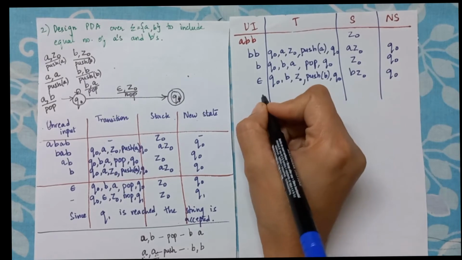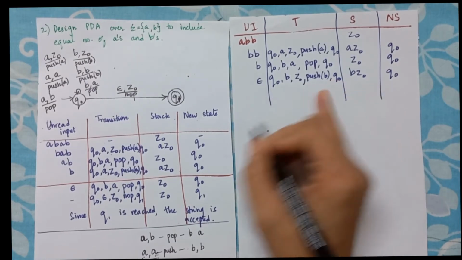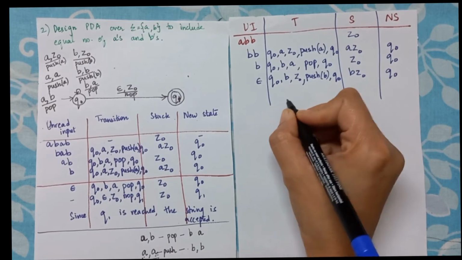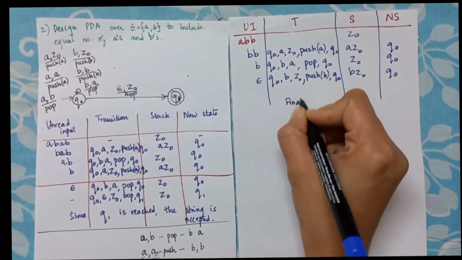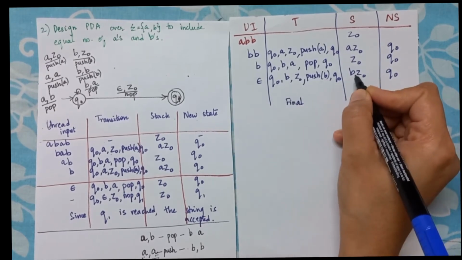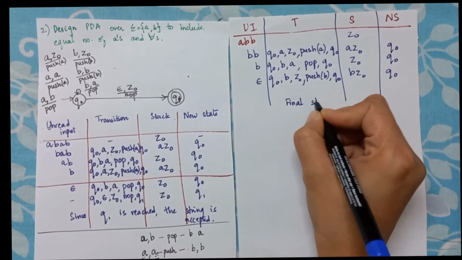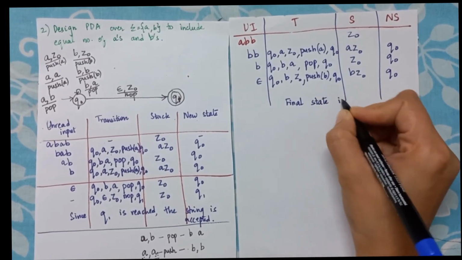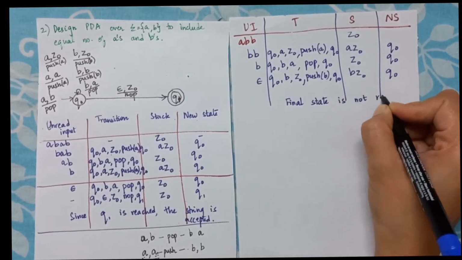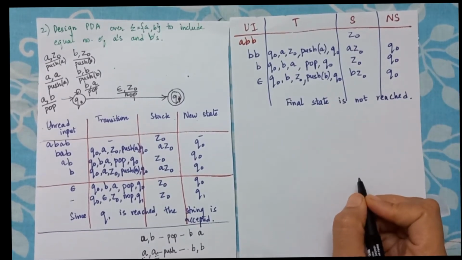Now, when I read an epsilon, I am looking for Z0, but there is no Z0. See, I'm expecting epsilon with Z0, but I get epsilon with B as the stack top. So I do not reach the final state. Hence, the string is not accepted by the PDA.